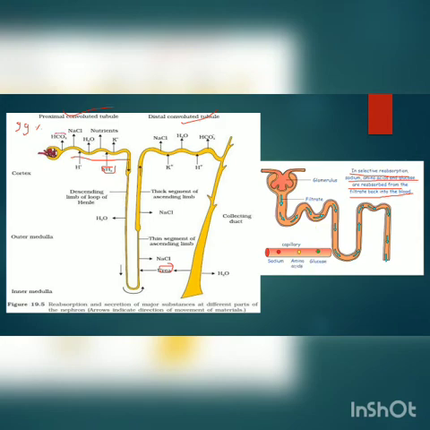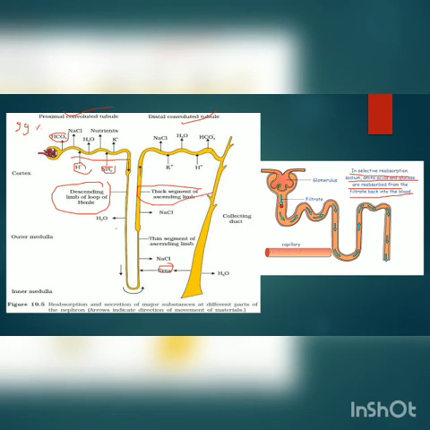So absorption of bicarbonate is taking place here, and the secretion of the hydrogen ion and the ammonia takes place through the PCT. Then we will come to the loop of Henle. So in the loop of Henle, you will see the two limbs are there, the descending limb of loop of Henle and the ascending limb of loop of Henle.